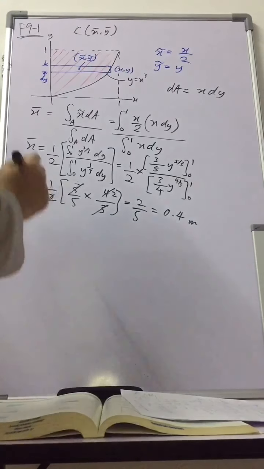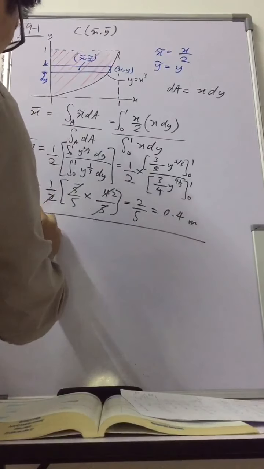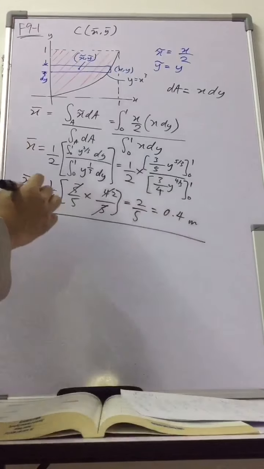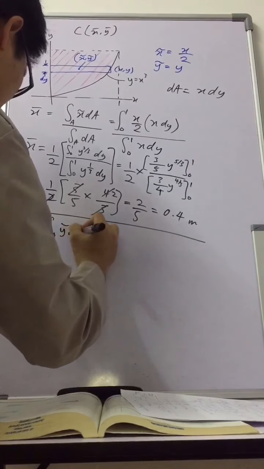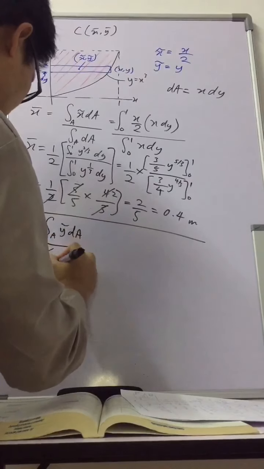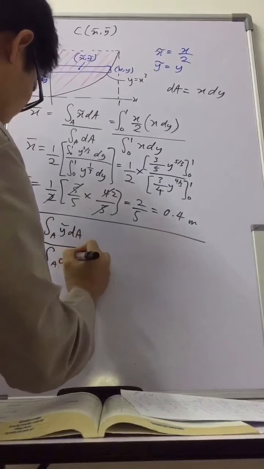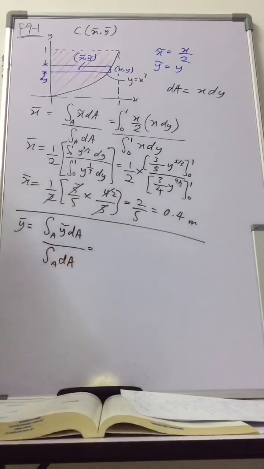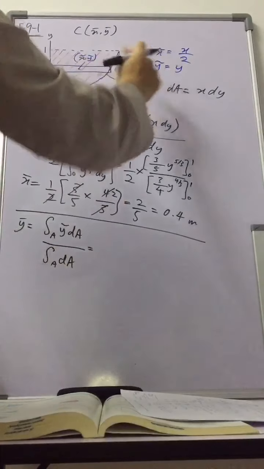Okay? So this is your x bar. How about your y bar? Y bar is integration over the area y tilde dA over integration over the area dA. Y tilde is y, and dA is x dy, right?